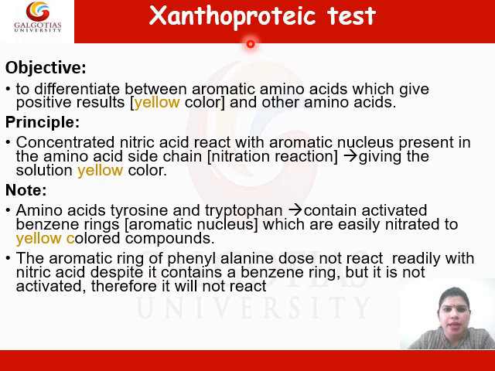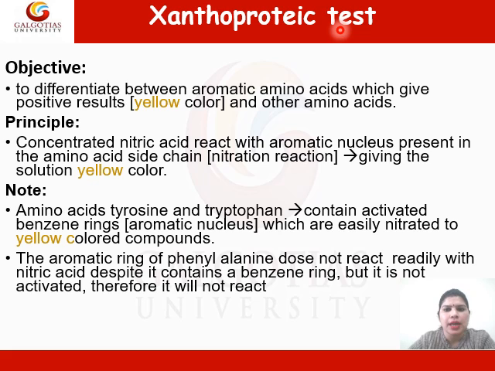Xanthoproteic test. Some amino acids contain aromatic groups that are derivatives of benzene. These aromatic groups can undergo reactions. One such reaction is nitration, the nitration of a benzene ring with nitric acid. Amino acids that have an activated benzene group can readily undergo nitration.